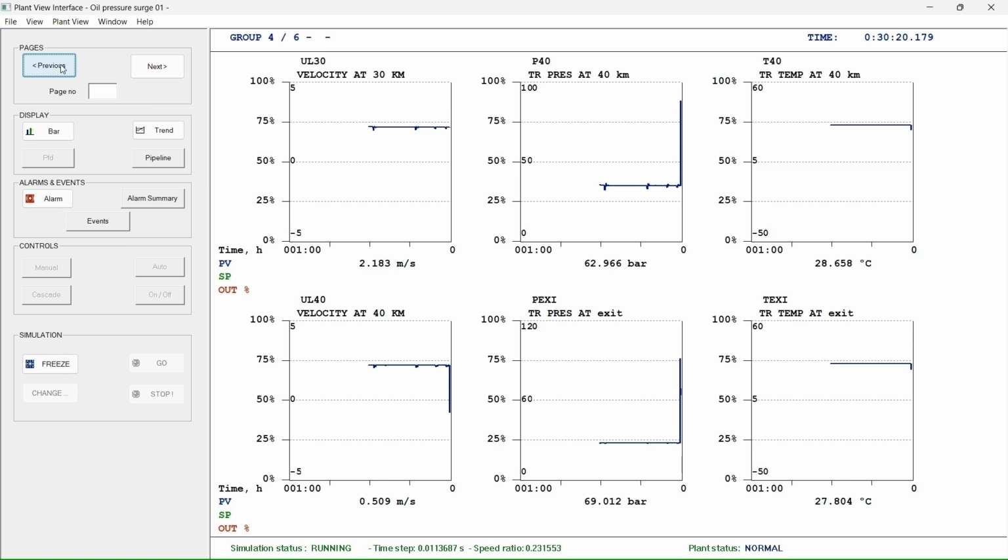After 20 seconds the pipeline's internal pressure shows a sharp increase at the exit and at 40 km.